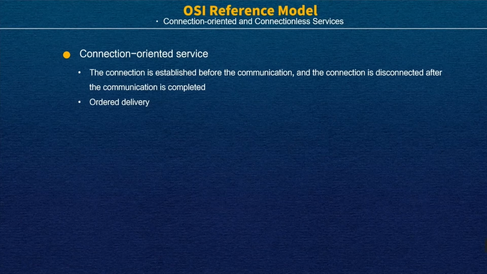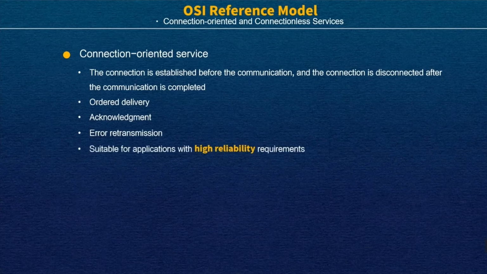After we send the message, the receiver has to give us an acknowledgement. If the message is okay, we continue to send the next message. If some message is lost or wrong, we ask the sender to retransmit the message. This service is suitable for applications with high reliability requirements.